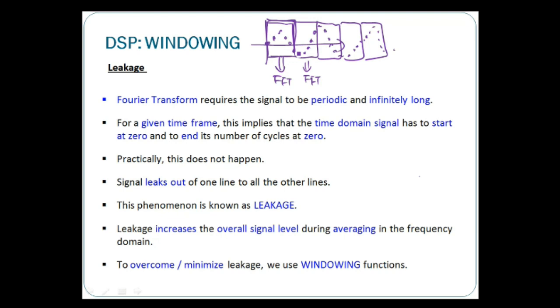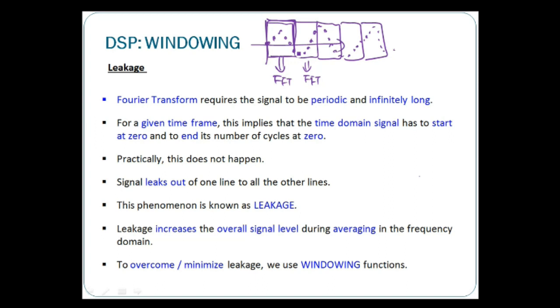One rule in the Fourier transform is that, given this length, we have to ensure the signal starts at n equals 0 in every block. If not, the signal going through the Fourier transform will leak out.